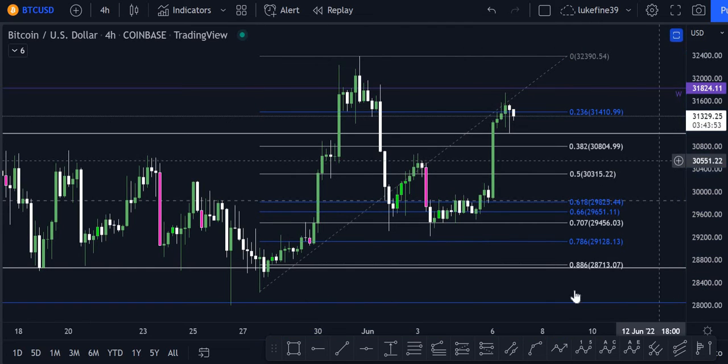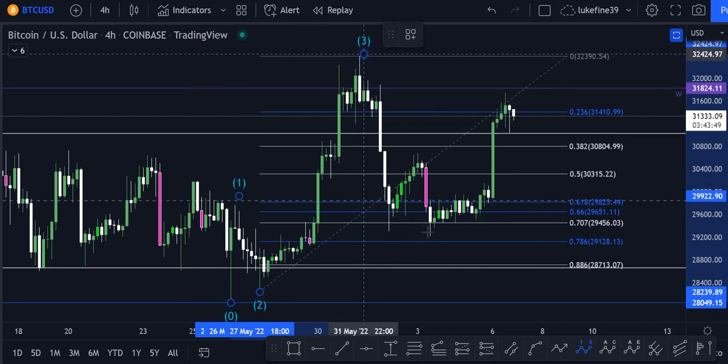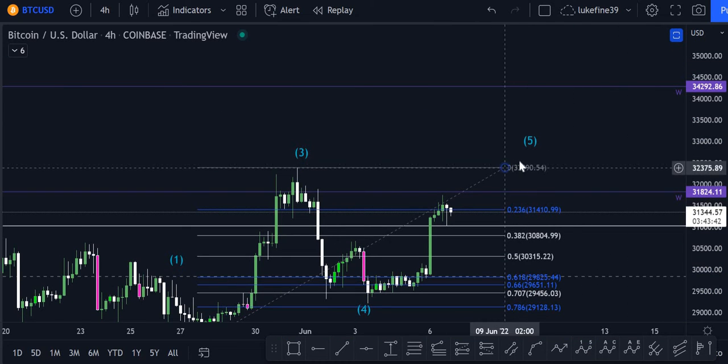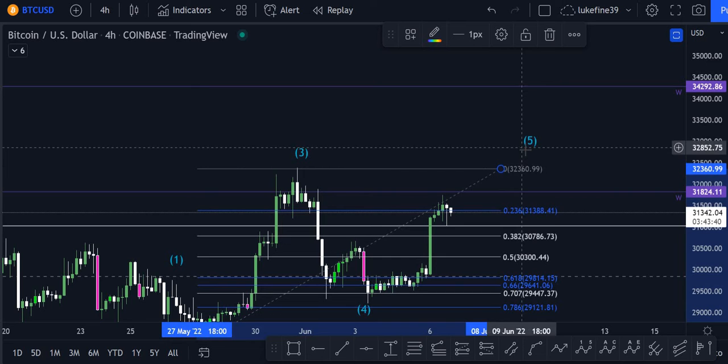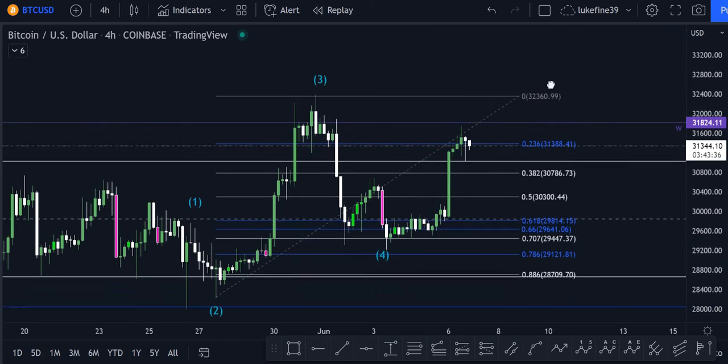And this is my count, so let's say 1 2 3 4, and the fifth wave up somewhere. Where are you? There.